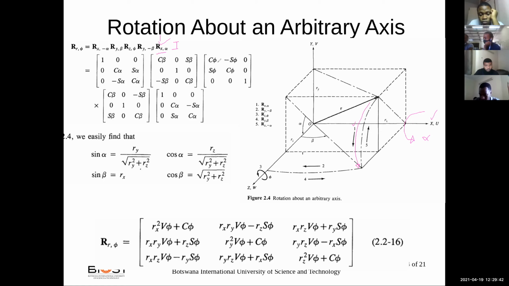Okay, the next. Next, what happened? We rotate about the y-axis. Where is the resulting axis here? When you rotate like that, what will be the resulting axis?